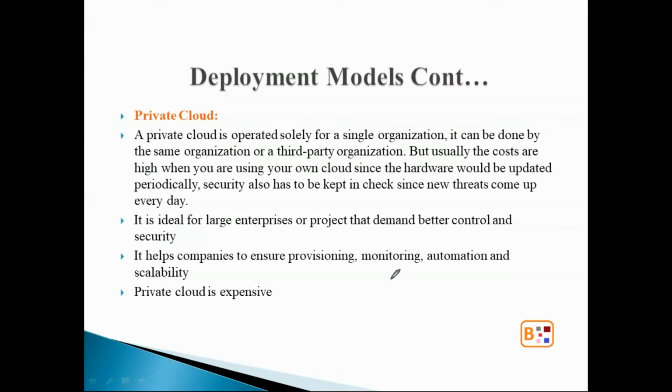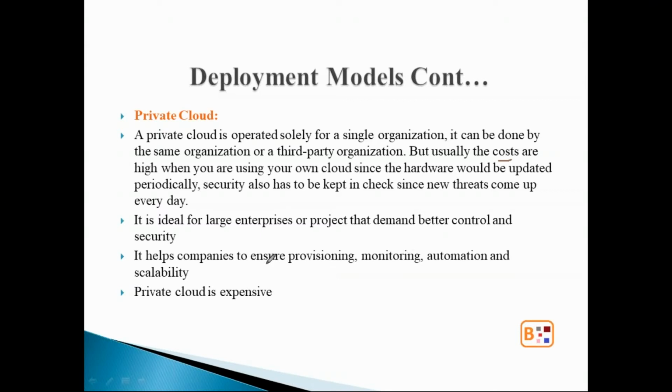The second category is the private cloud. A private cloud is operated solely for a single organization. It can be managed by the same organization or a third-party organization, but usually the costs are high. When you are using your own cloud, the hardware has to be updated periodically, and security also has to be kept in check since new threats come up every day.